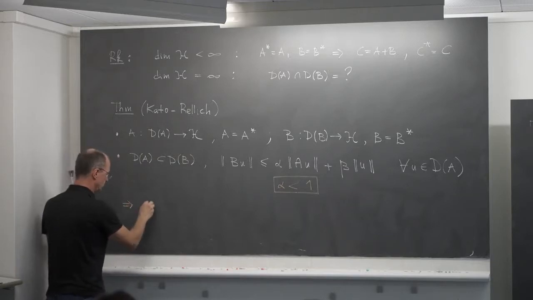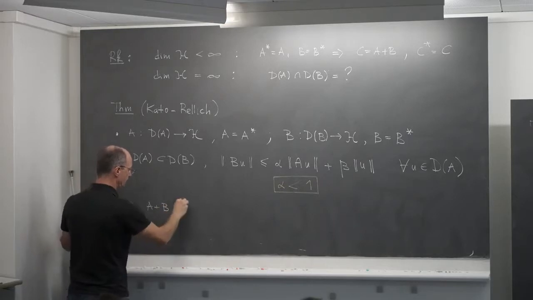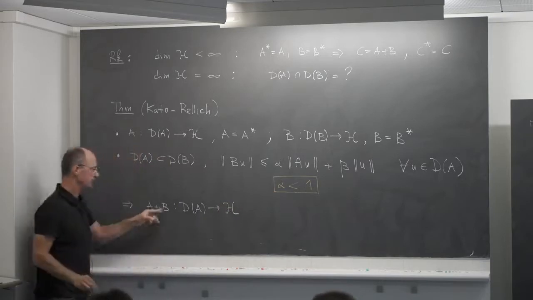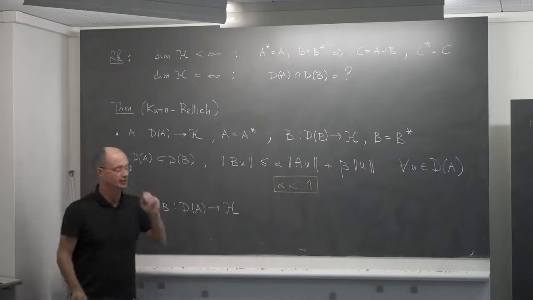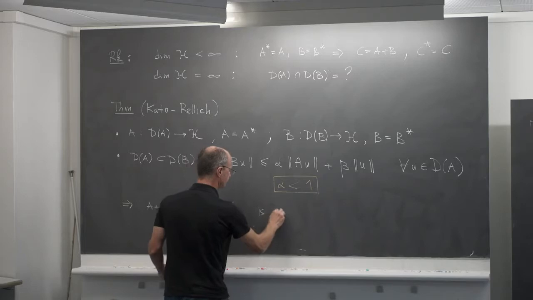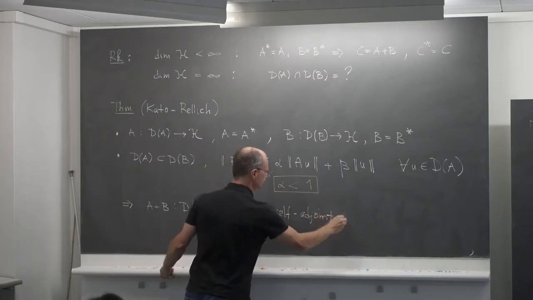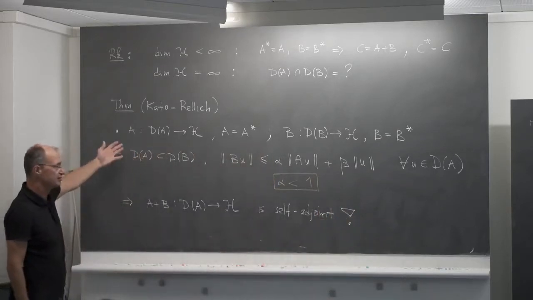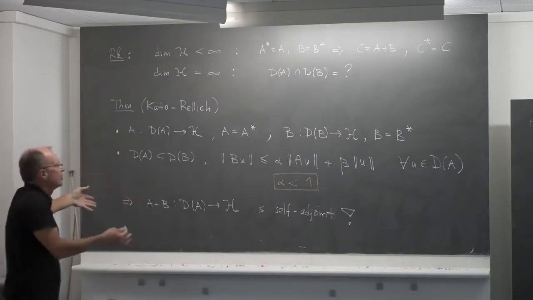Then the operator A plus B is naturally defined as an operator on D of A, because D of A is also in the domain of B, and it is self-adjoint.